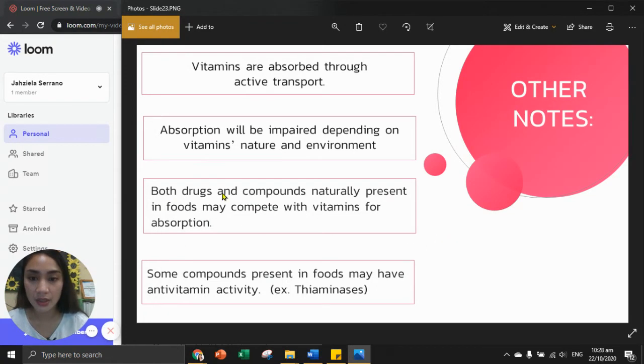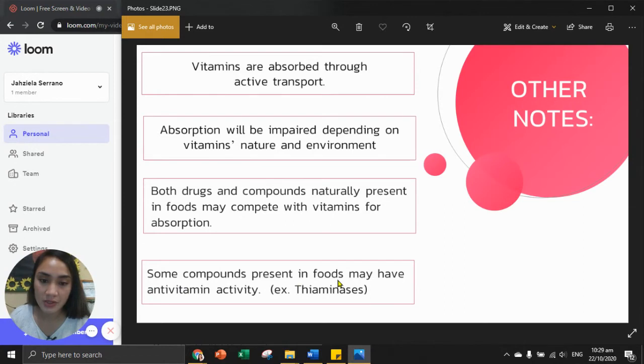Next, both drugs and compounds naturally present in foods may compete with vitamins for absorption. Okay, so dito, for example na lang, yung mga anti-malarial drugs natin and also antidepressants. So, nadi-displace nila yung mga vitamin B, no? Kasi nakikipaglaban yung drugs na yon with any vitamin that you have intake.